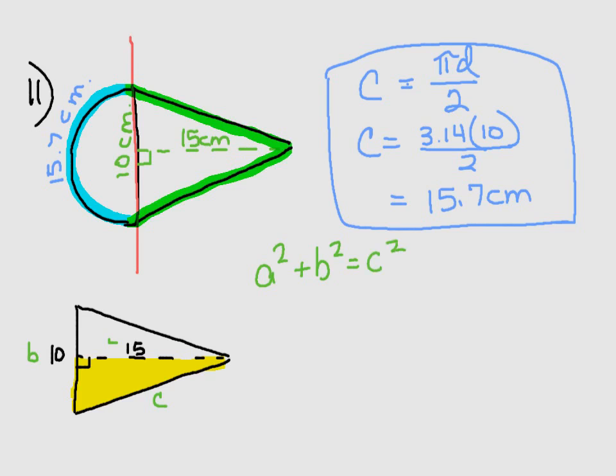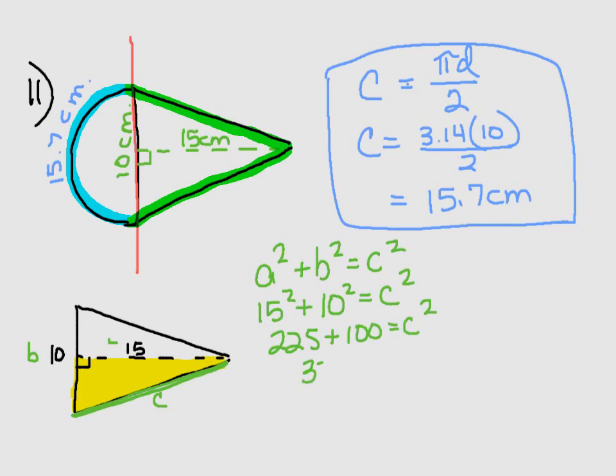So 15 squared plus 10 squared equals c squared. 225 plus 100 equals c squared, so 325 equals c squared.